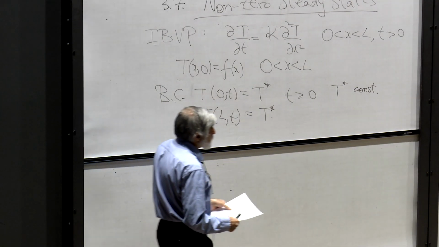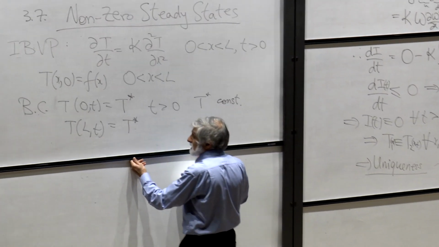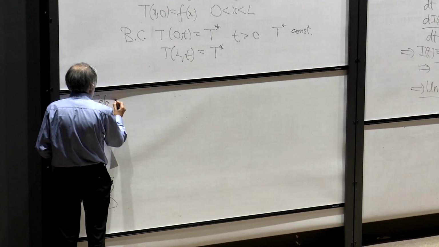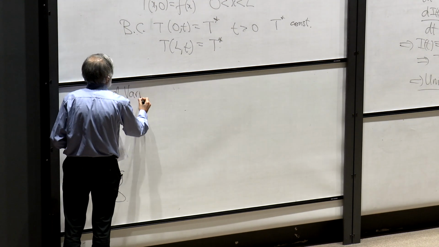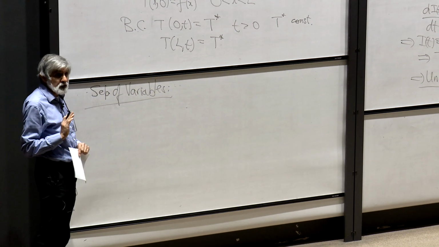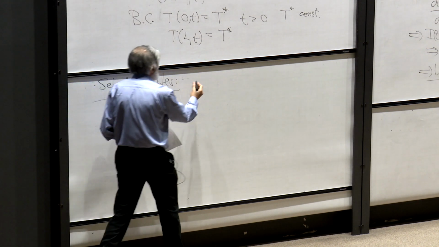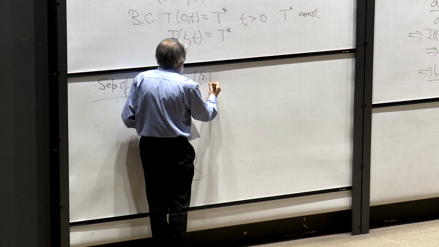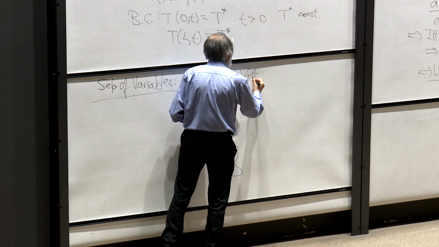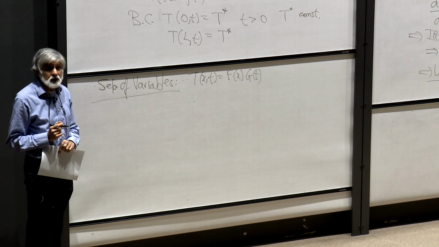So now suppose we try to do separation of variables. Right, because it's worked very well for us over the last 3 weeks, so let's continue using separation of variables. T of x,t equals f of x g of t. And now we need to find what are the boundary conditions.